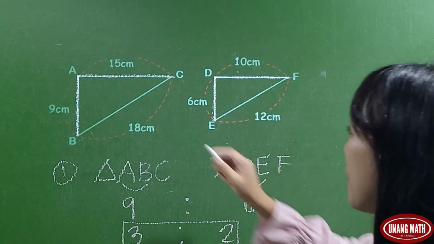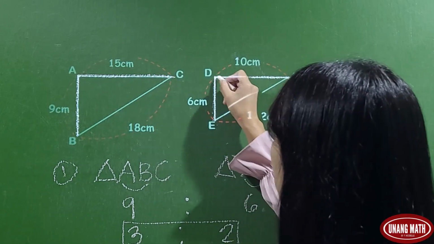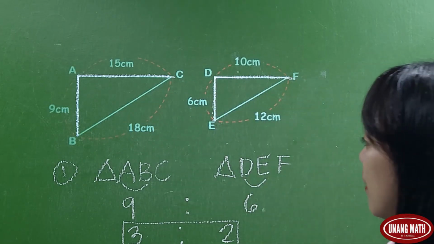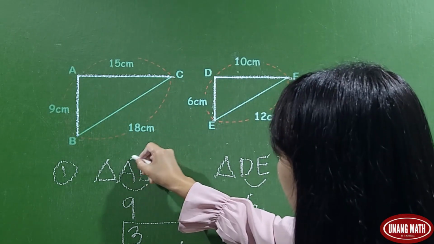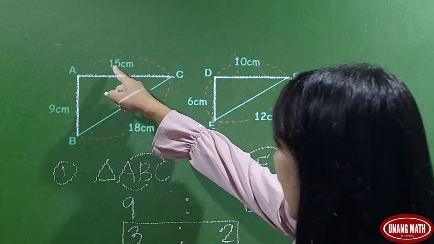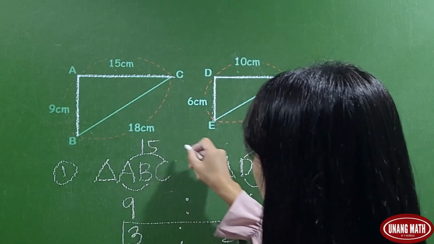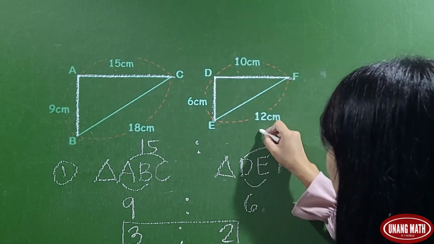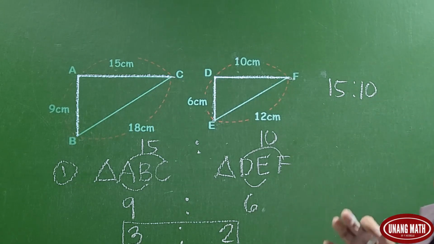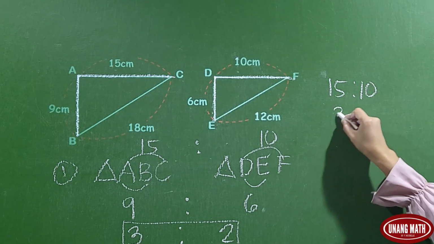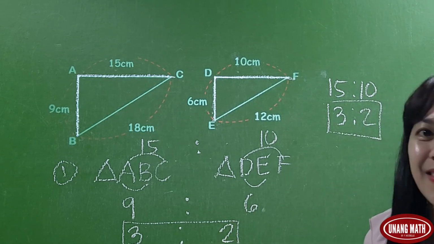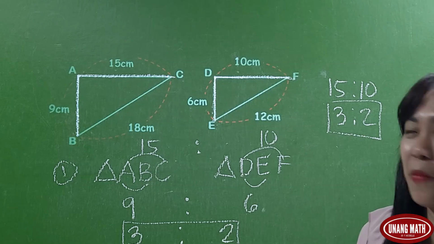Now, what about sides AC and DF? We have 15 and 10. So 15 is to 10, and if we simplify, this is also 3 is to 2, the same as the first ratio that we got.